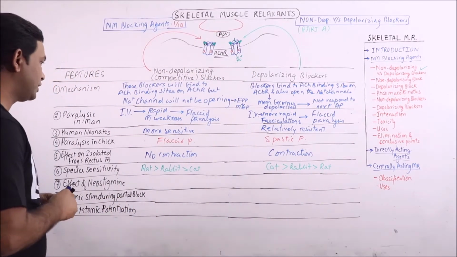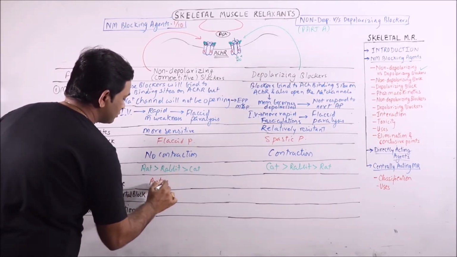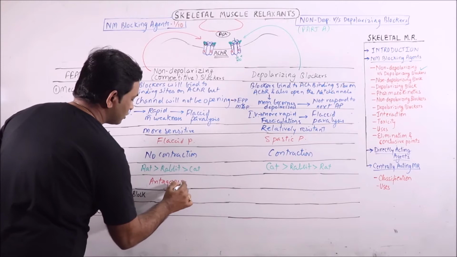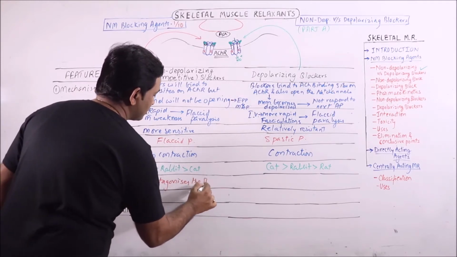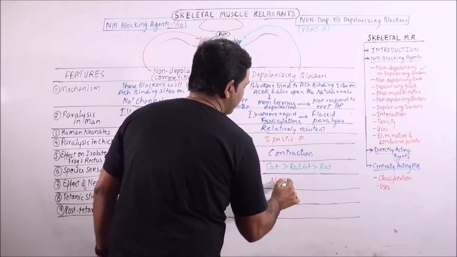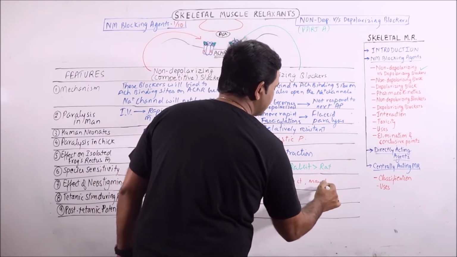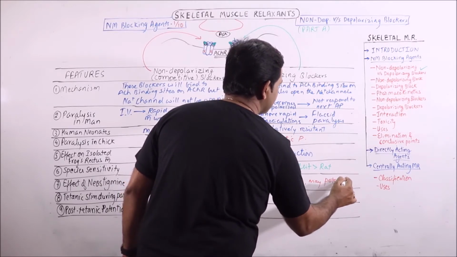Effect of neostigmine: it antagonizes the block. In this case, there will be no effect. Sometimes it may potentiate even.